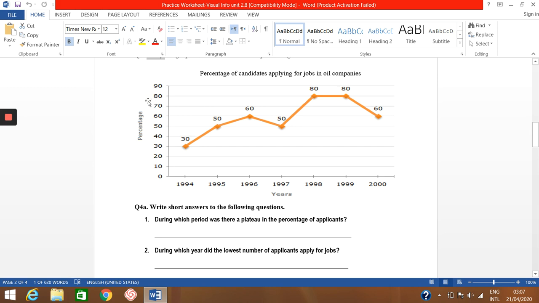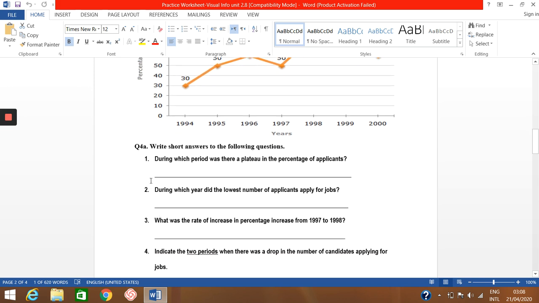So this one is straightforward, but this time you have to understand the chart and try to find answers to the questions given here. The best way to deal with the chart is by looking at the question first of all. So let's start by looking at the first question here.